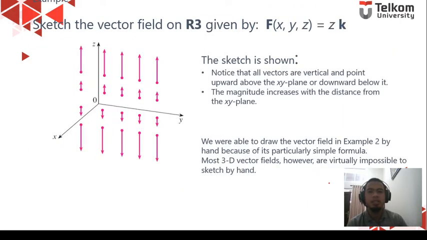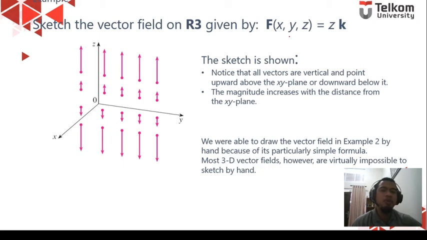Okay, and the next one is in the 3D space. We would like to sketch the vector field. For example, we have f(x,y,z) equal to zk. What does it mean?